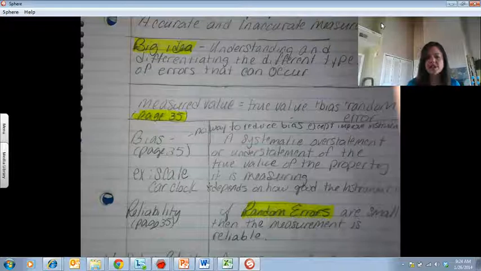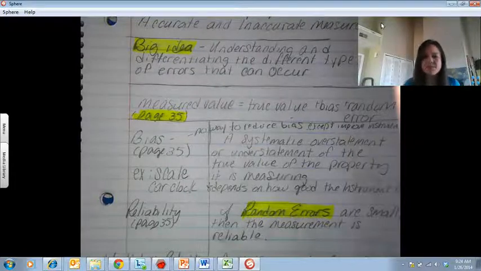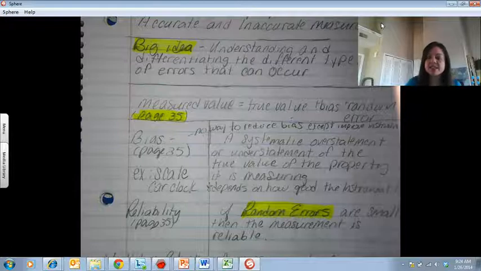I'm going to have you watch another video after this where they really explain bias and random error a lot better than this book, I think. But just to get the gist of what this book is saying, random error is something that is different every time, and if it's little, it can still be reliable.